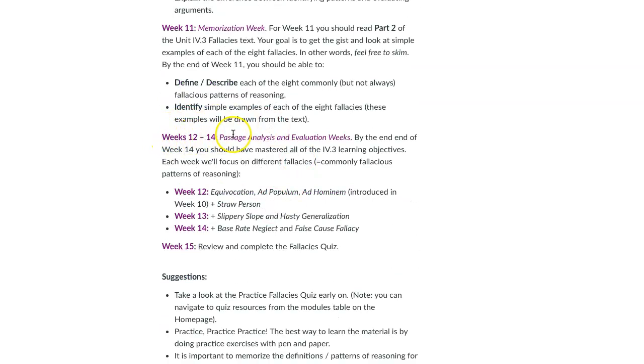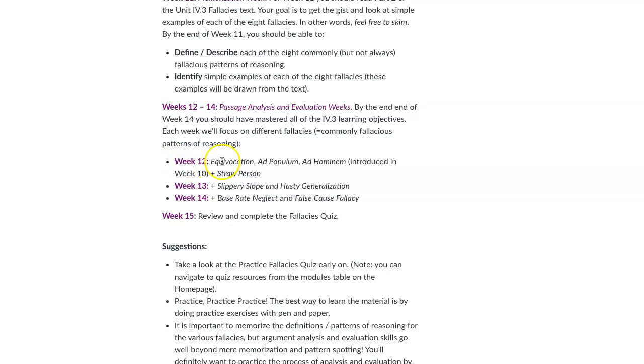In weeks 12 through 14, we're focusing on passage analysis, on being able to analyze and evaluate arguments in a bit more depth. And each week, we're highlighting a couple of our 8 fallacies. Last week, we focused on equivocation, ad populum, ad hominem, ones we'd seen before, and introduced straw person.